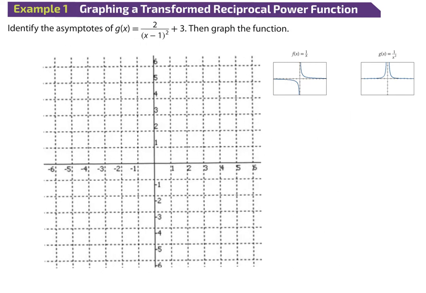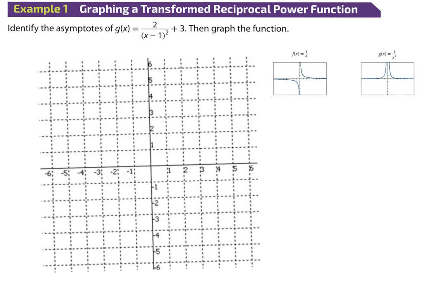So what do you think this -1 is going to do on the inside? It's going to shift it left and right. Specifically, remember on the inside, it does the opposite of what you would think. So it's going to shift it right, okay? So instead of being at (0, 0), I'm going to move over 1. All right, this 3 on the outside, what is it going to do? It's going to shift it up 3.